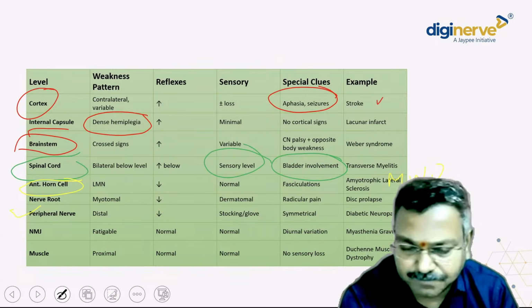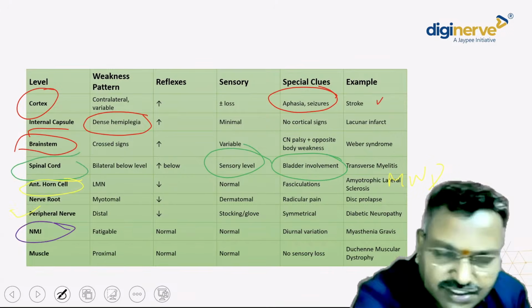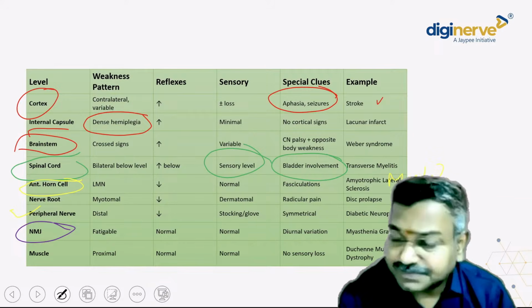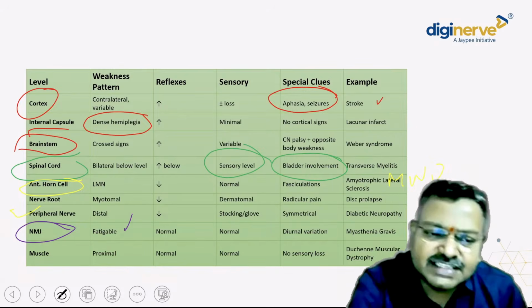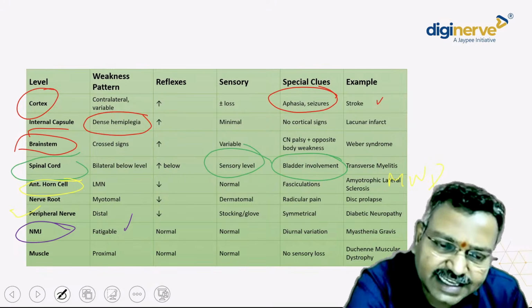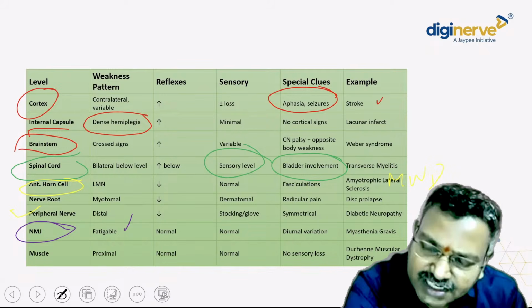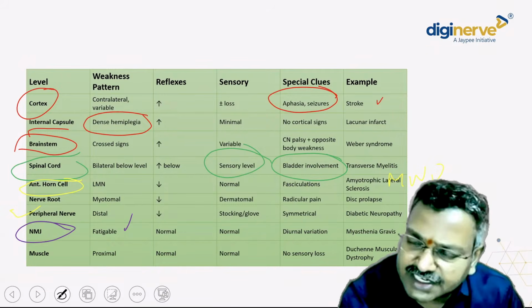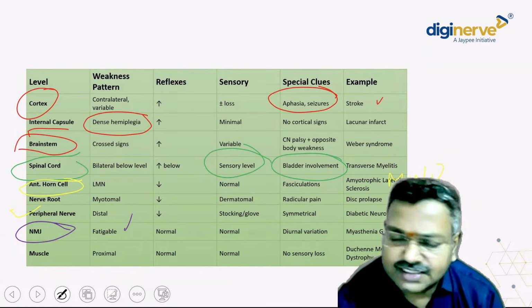The next LMN localization is the neuromuscular junction. The most important feature is fatigable weakness. So in a history, if they talk about fatigable weakness, you're dealing with neuromuscular junction disease, myasthenia gravis, with diurnal variation, normal reflexes, and extraocular muscles involved. The last localization is the muscle.